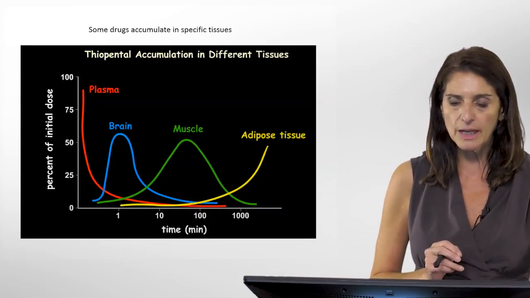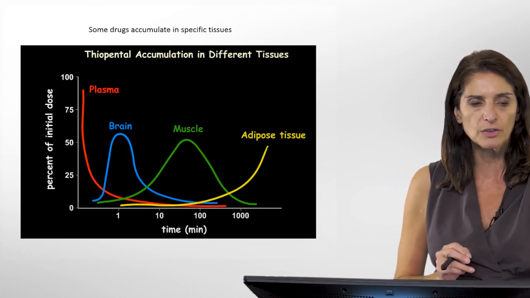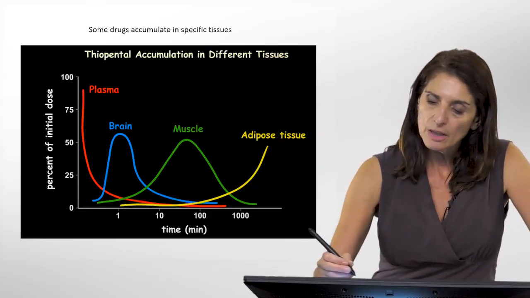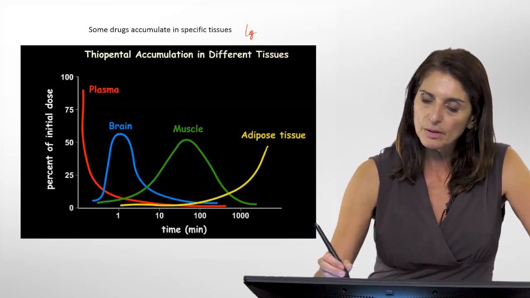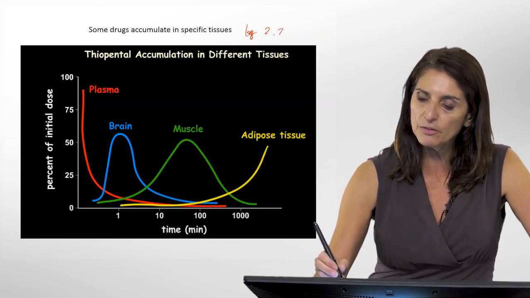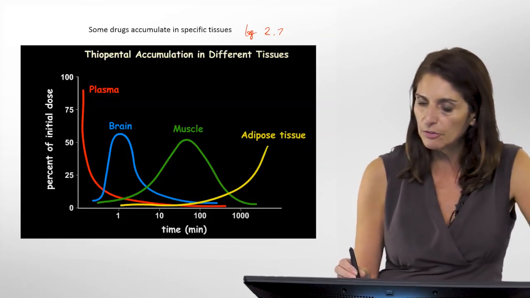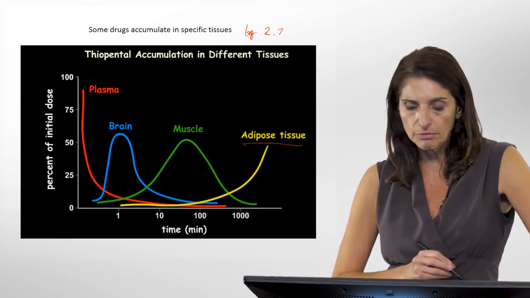We can also look at the accumulation of certain drugs. So thiopental, which we saw has a log P of 2.7, so it's a very lipophilic drug, tends to accumulate in adipose tissues because it's lipophilic.